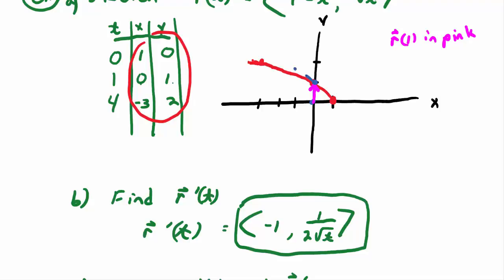Can you see then that this vector in blue, which is r prime of 1, truly does look tangent to the curve in red, right? And note that the blue vector is tangent to the curve as long as I place it at the tip of the vector in pink, which is r of 1. Okay? So that's what I showed you in pictures earlier, but this is with respect to a specific problem.